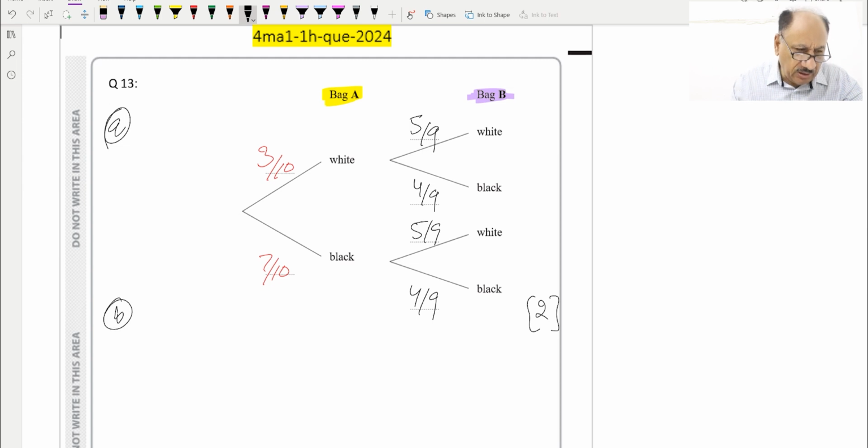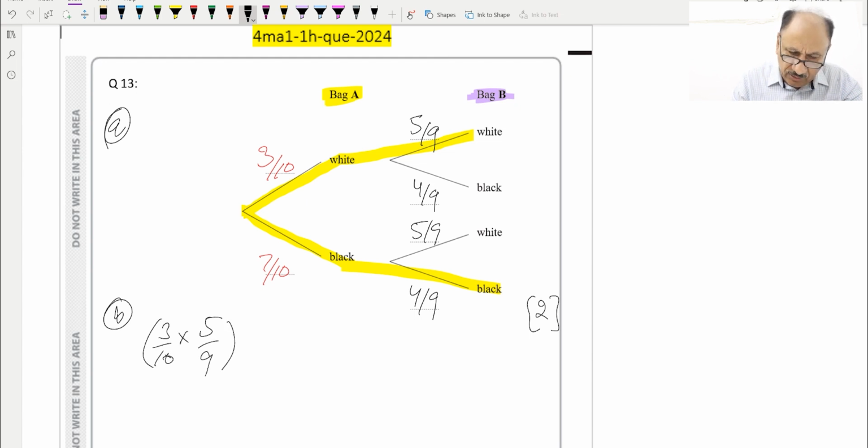Now for B, they are saying work out the probability that Herman takes 2 beads of the same color. So which are the same color options? White and white, and black and black. So these 2 options we need to take. First we take 3 by 10 into 5 by 9, and the second one we add, that will be 7 by 10 and 4 by 9, and we just need to calculate this.